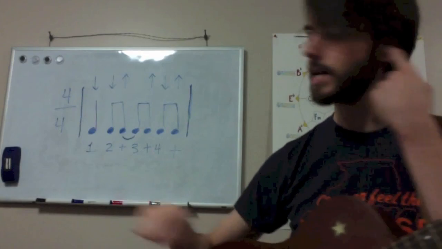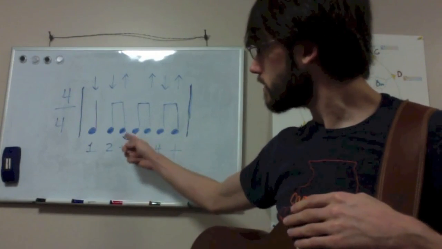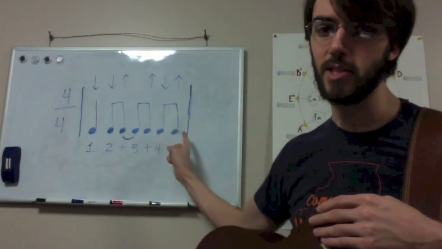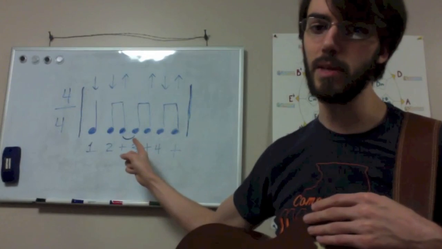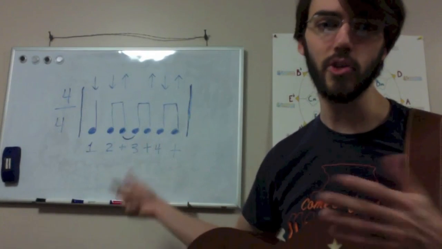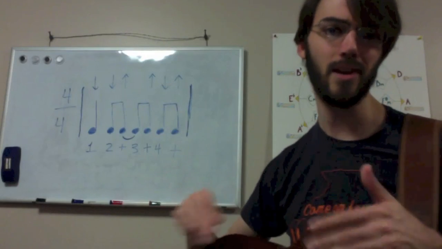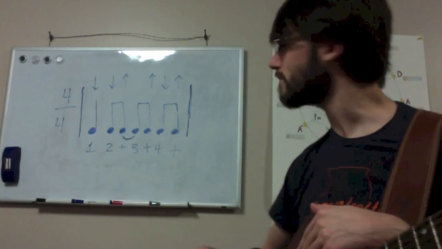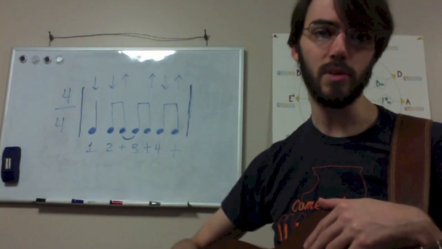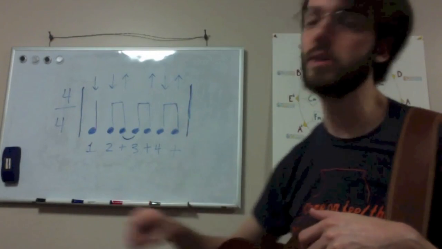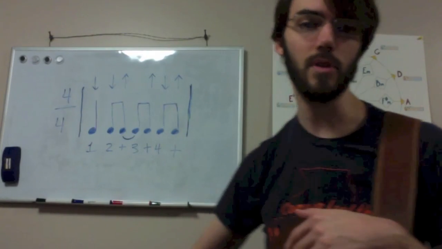One disadvantage of the tie is that it looks kind of funky, right? I still see the same rhythm that I started with, but because of this tie, it's interpreted a little bit differently. So sometimes it can be harder to read to figure out how long I'm holding this note. Whereas the dot is very explicit about how long you're holding the note. So there's a little more work involved with the tie, but it also yields a little more flexibility, so it's worth it.